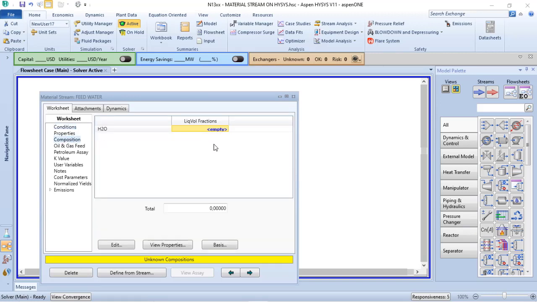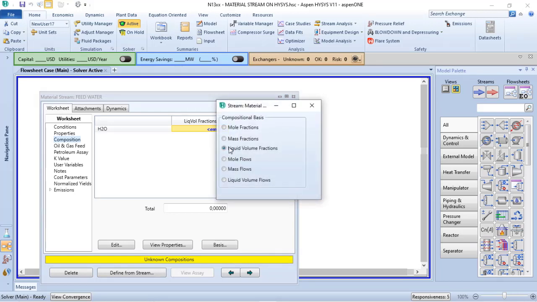Although I have only water as my component for this example, I can change the composition basis of this process simulation. I have two ways to do that. One of the ways is clicking on bases, and it will open a submenu where, by standard, the first time that you use Aspen Hysys, it will be checked as mole fraction. So from 0 to 1, you can specify the amount of components that you have.